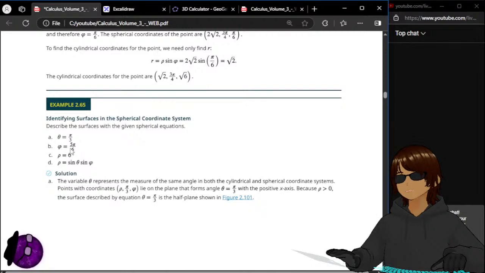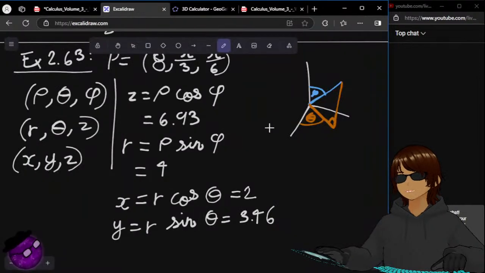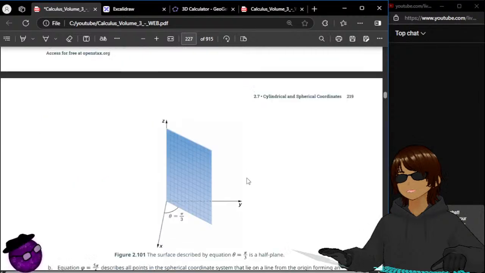Phi is 5 pi over 6. So if we have an angle of 5 pi over 6, rho is allowed to vary and theta is allowed to vary, then we will have a cone with angle 5 pi over 6.